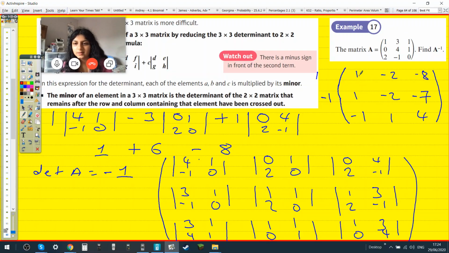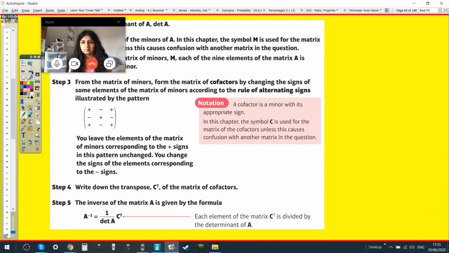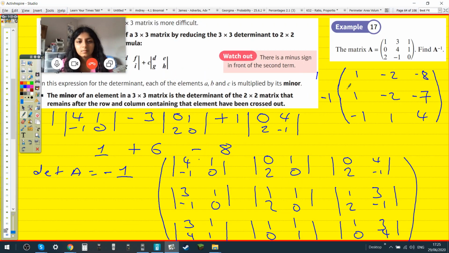The only one that needs to be changed is the -8, which needs to become +8. You multiply it by +1 or -1, alternating signs. So 2, and then -1, and then 7, and then -1 in the middle one.